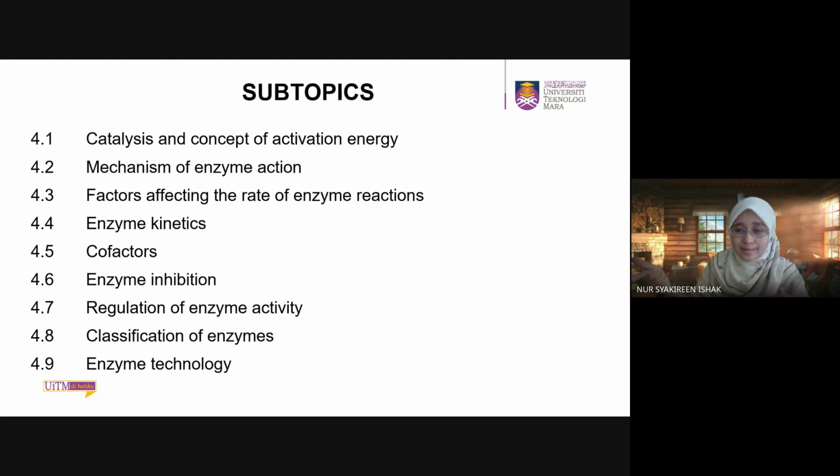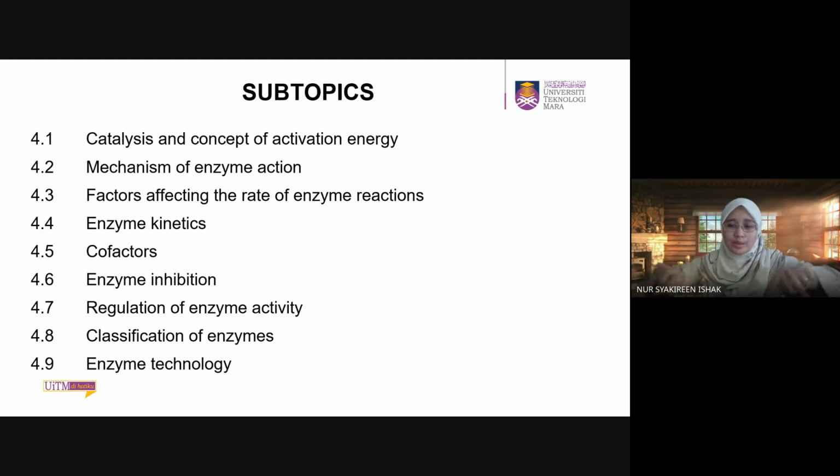So we know that enzymes are protein. So the increase in temperature may disrupt, for example, hydrogen bonds between the amino acids in the polypeptide chain. This one we have looked at during chapter 1, right? In the protein subtopic. We know that enzymes are protein. Proteins are made up of amino acids attached together to form polymers of amino acid, which is polypeptide.